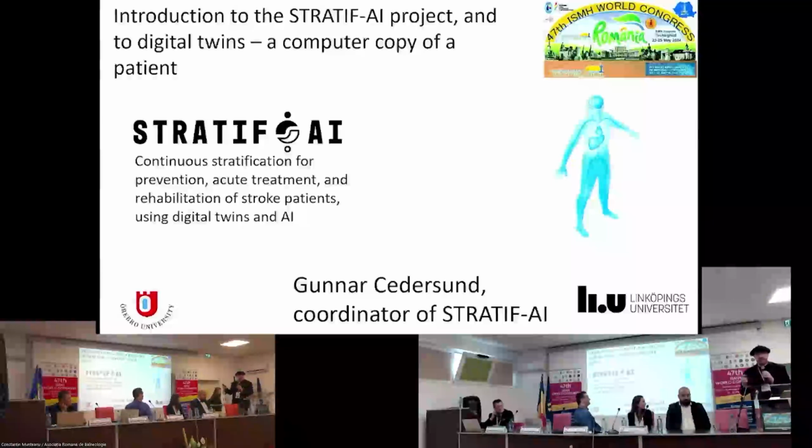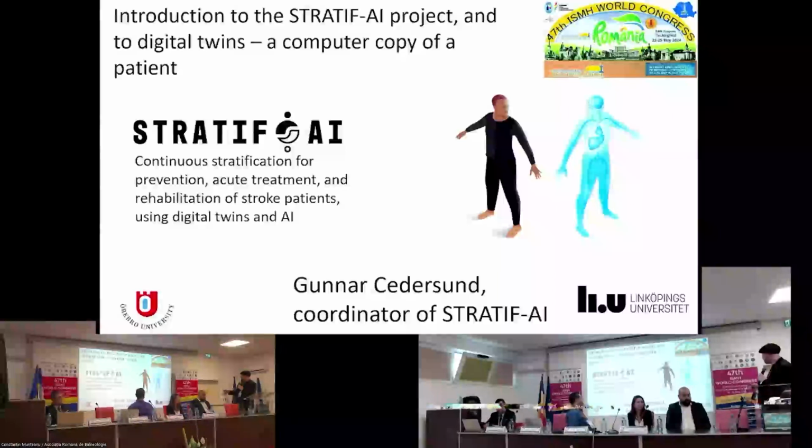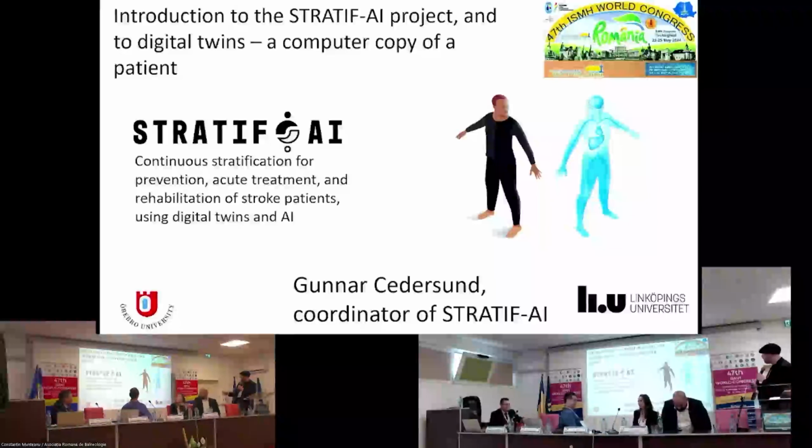And then the question is, what are these digital twins? Here you see a person, and here you see a digital twin of the same person. In the digital twin, you can look inside the different organs, the brain and the vessels, and you can also see how they change when the person goes for a walk, or does a spa treatment or some balneological treatment.